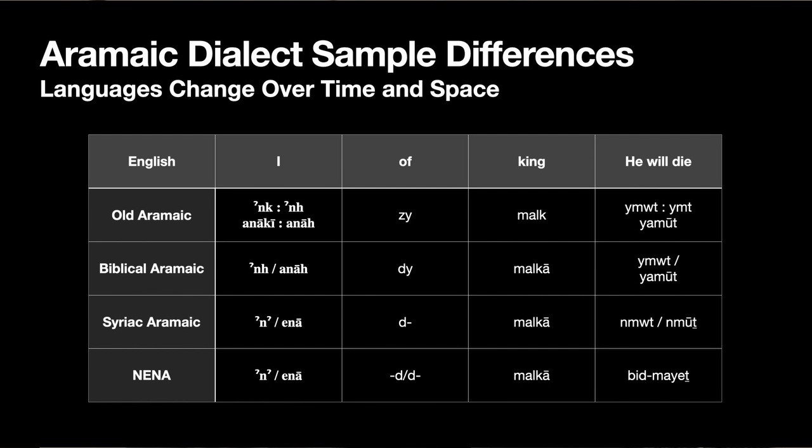In Syriac, we don't see the yod for the third person masculine singular when it comes to the imperfect form. We see a nun. And then when we get to Northeastern Neo-Aramaic, we have a very different form, bidmayith, where we have this particle on the front. We use a participle basically to express the verb.